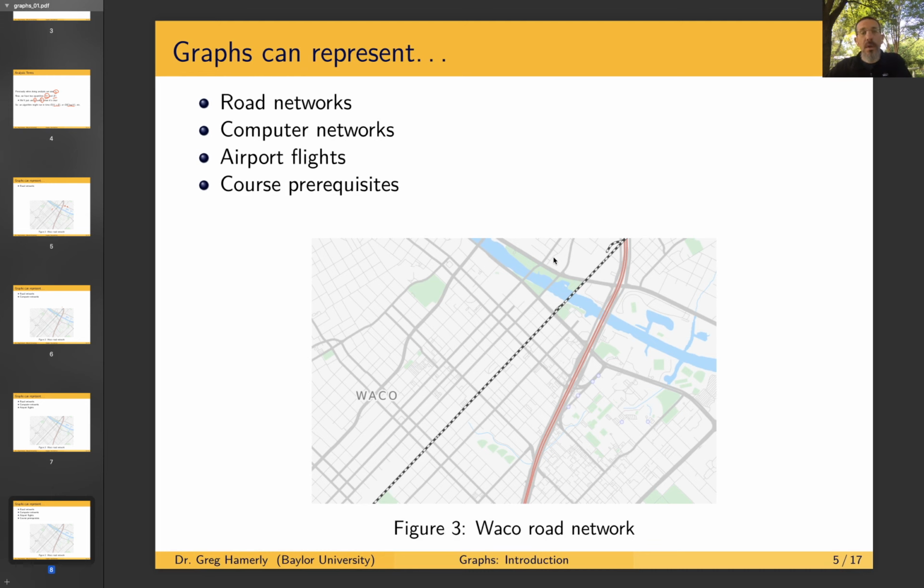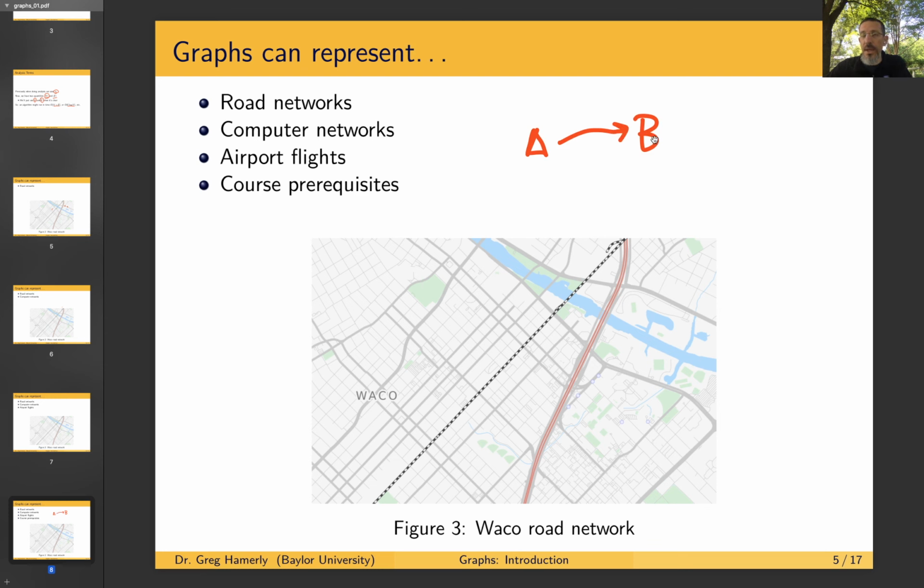Now, a less intuitive idea is that course prerequisites can form a graph. If I have multiple courses that I need to take, and some of them depend on others, that can form what's known as a directed acyclic graph. It's certainly a directed graph. So if I have a course A, and I have a course B, and I can't take course B without having first taken course A, then I might have a graph that indicates that relationship like this.